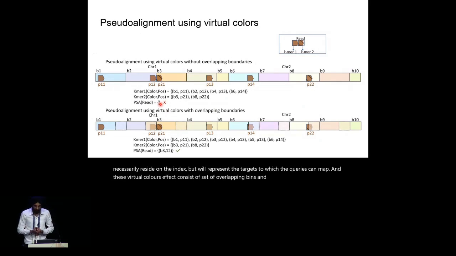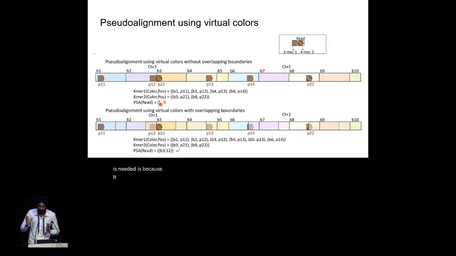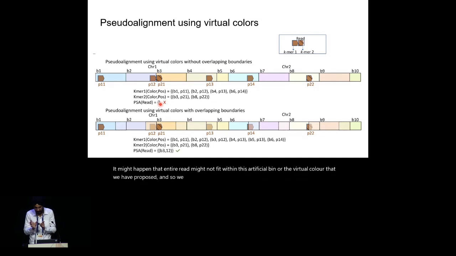Overlapping bins are needed because it might happen that the entire read does not fit within an artificial bin, or virtual color, that we have proposed. The only caveat to keep in mind is that the overlapping region should be longer than the read length, so that the entire read can fit within that bin.